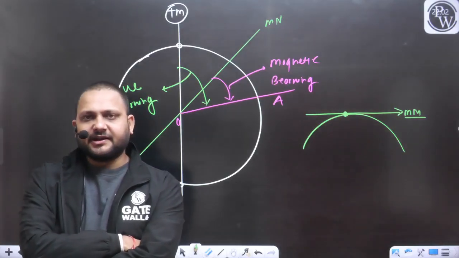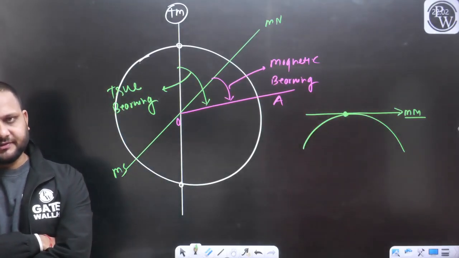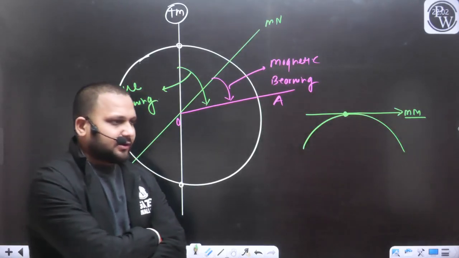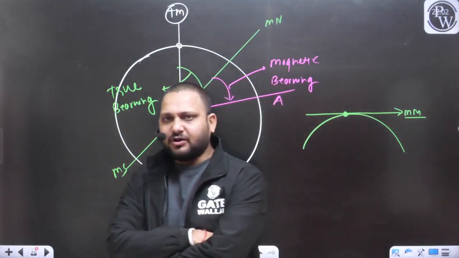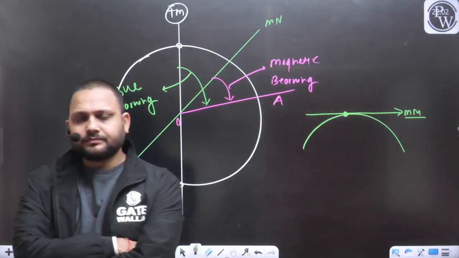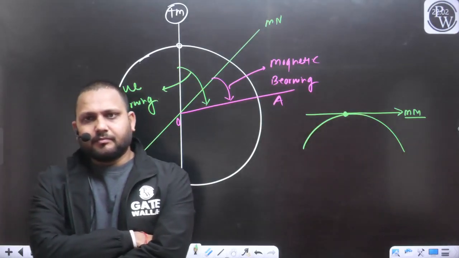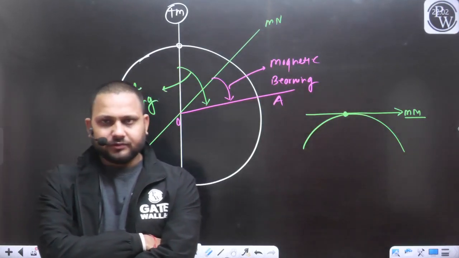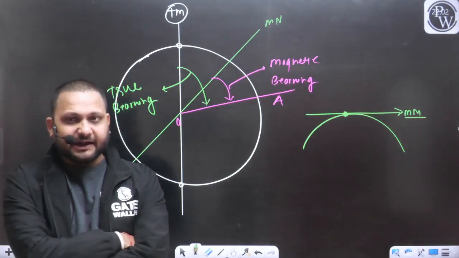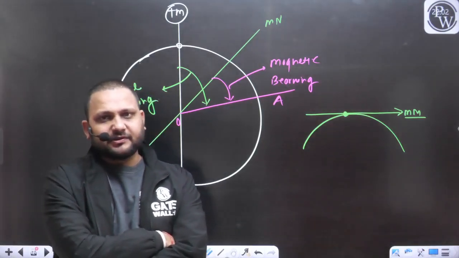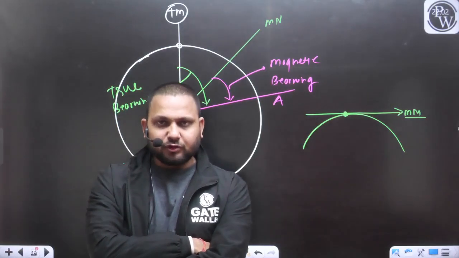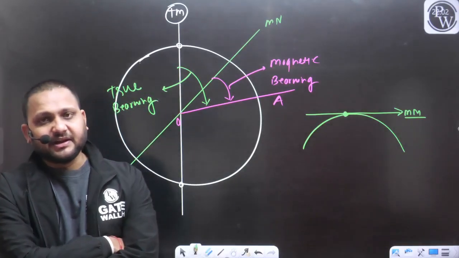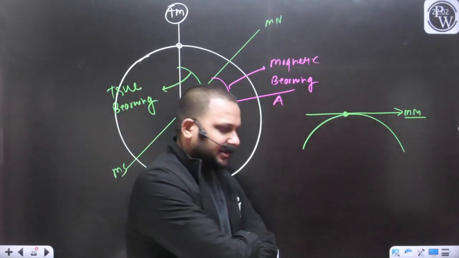We are differentiating the bearing based on the reference. If we are considering the true meridian as a reference, the geographical north and true north are the same. Magnetic north and magnetic south are the exact positions that we can consider as the geographical north and geographical south, by considering the tilt.